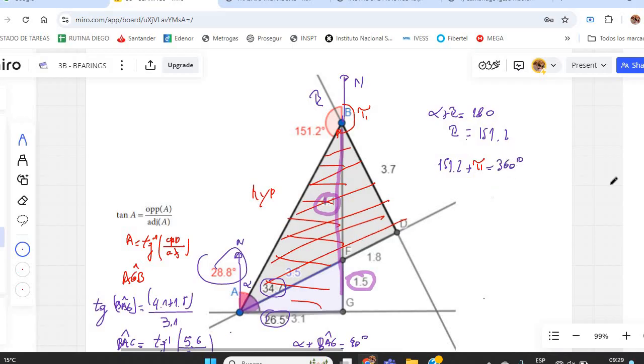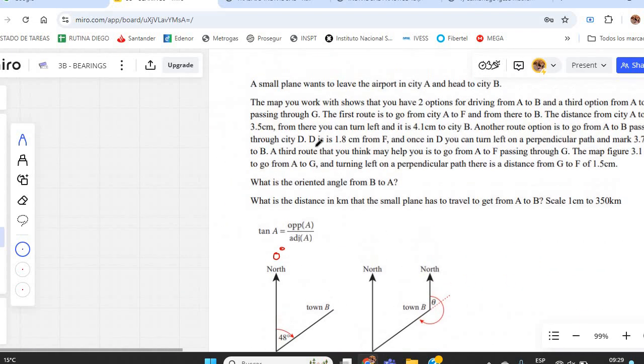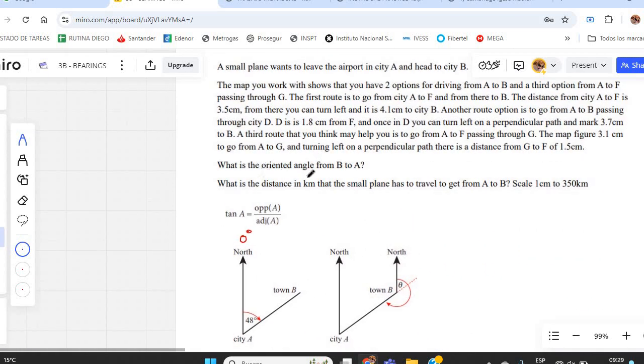When you do this calculation, you will have the bearing. So you will have the bearing from A to B and from B to A. One of the questions was the oriented angle, which is the bearing.